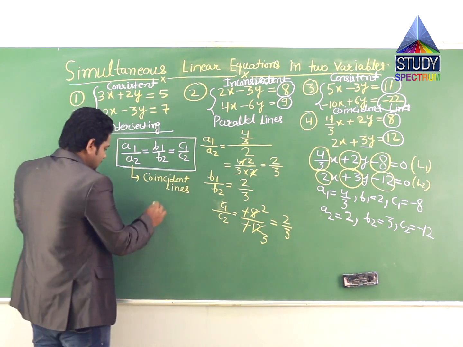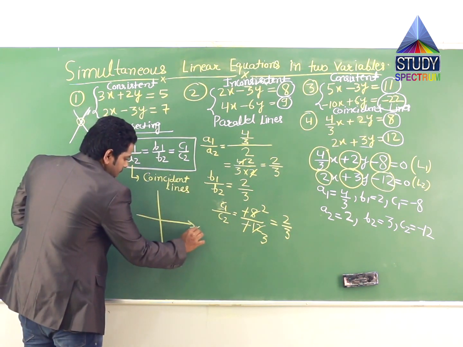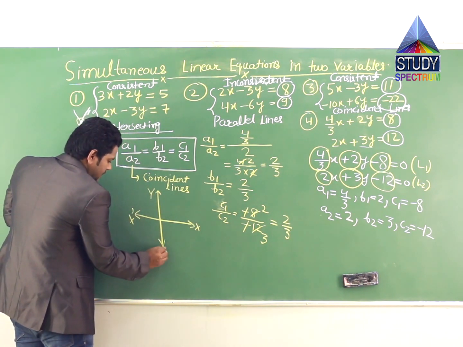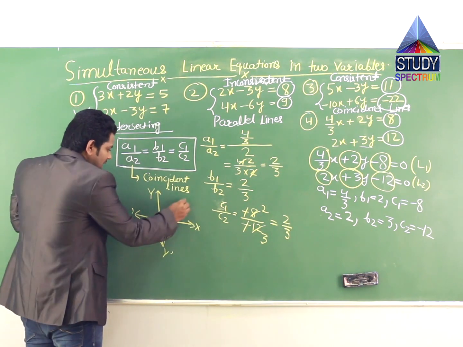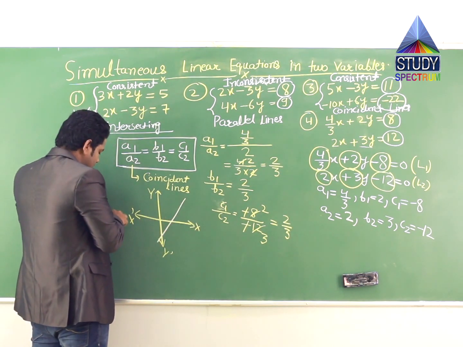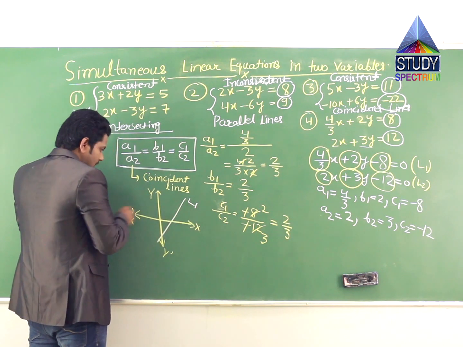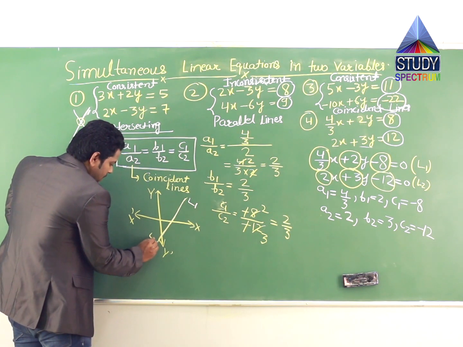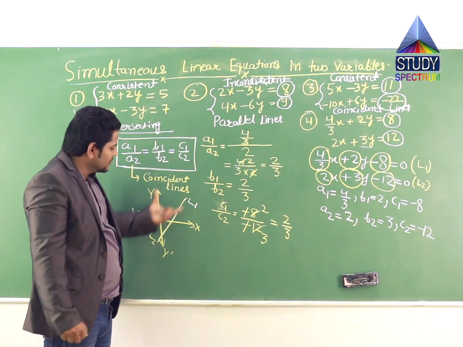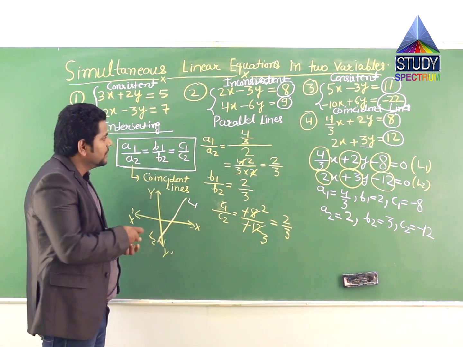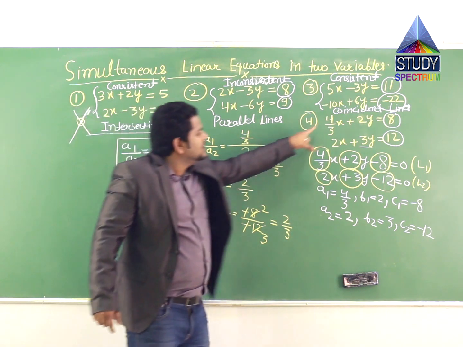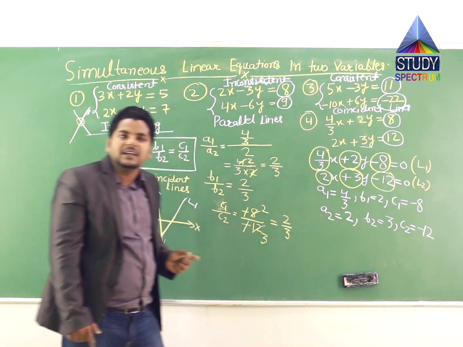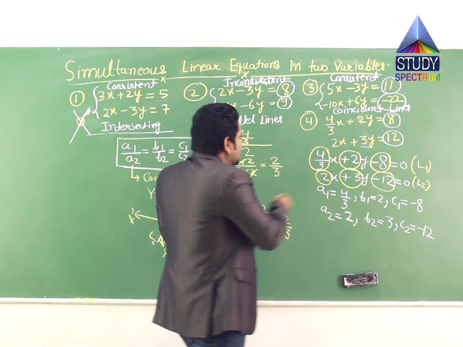Coincident lines means, this is x dash, this is y dash, they will overlap each other. This is line L1 and this is line L2, the yellow line is L2. So in this case also we will get infinitely many solutions. So this system of linear equations in question number 4 is consistent.